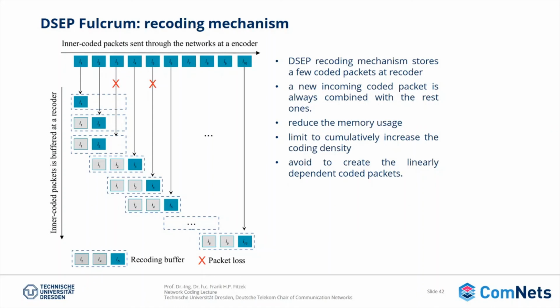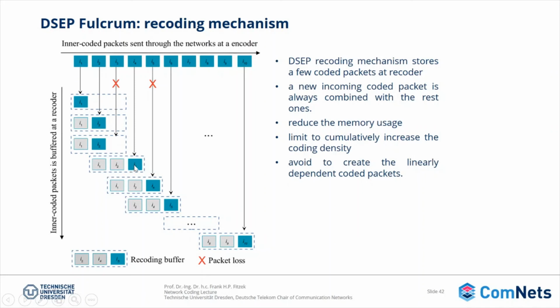Here is the DSEP recoding mechanism. It allows the recoder to store a few coded packets in the buffer, and a new incoming coded packet is always combined with the rest in the buffer. So let's see the buffer here.